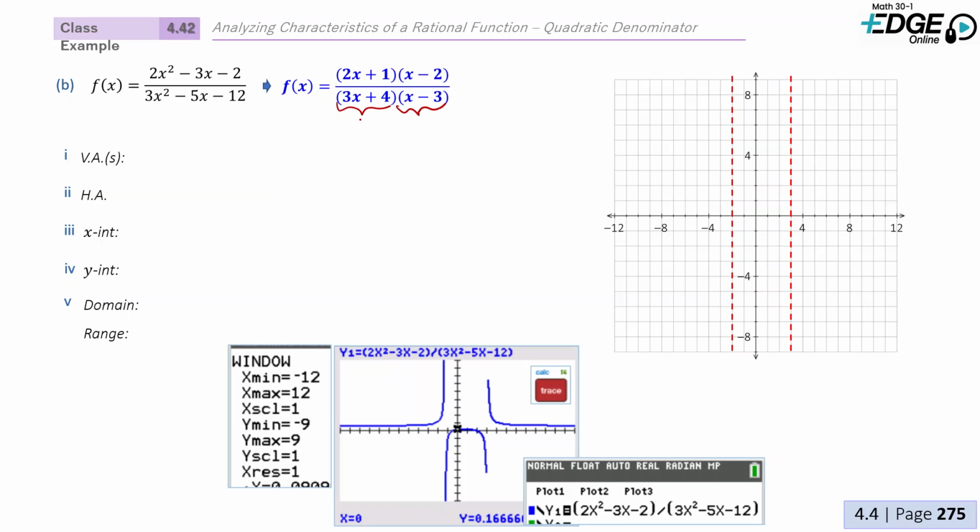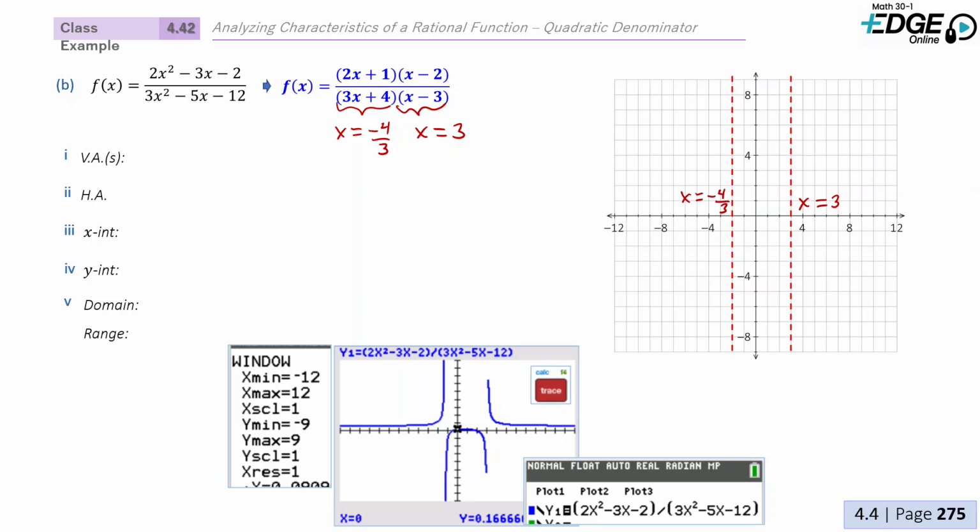So in this case, our first one here would be at x is equal to negative 4 over 3. And this would be at x is equal to 3. So if we're writing this on here, this asymptote would be at x is equal to 3. And the other one would be at x is equal to negative 4 over 3.